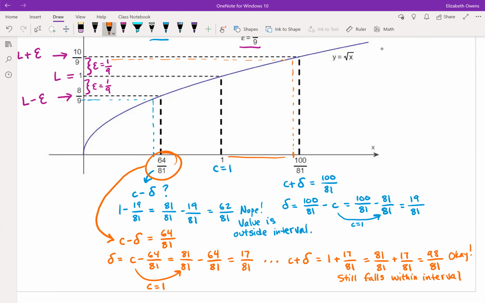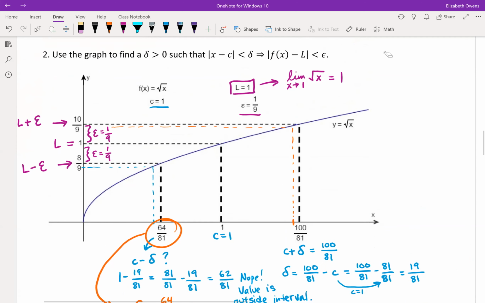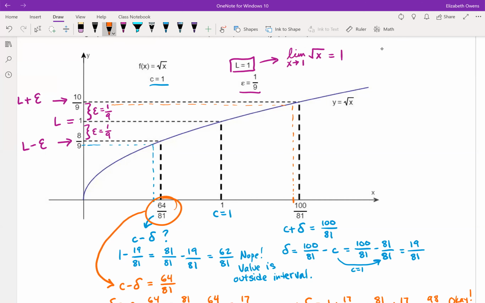We were close enough to c equals 1 on both sides, and those values led us to y values that were close enough to our limit L. So our answer here is to choose the smaller delta, delta equals 17 over 81.